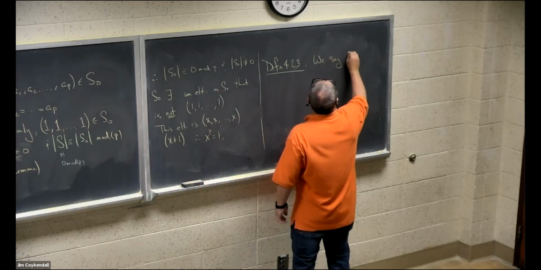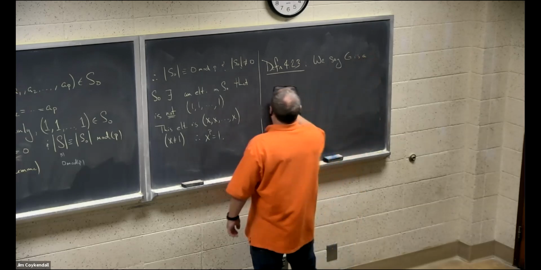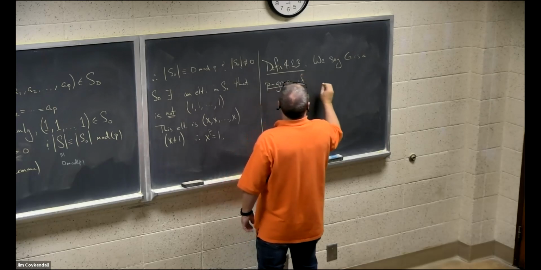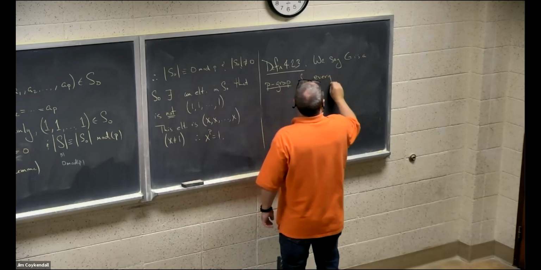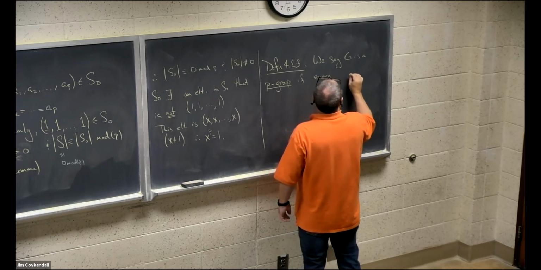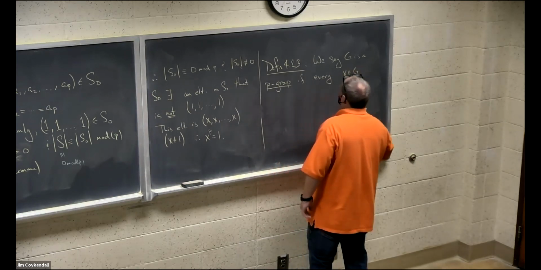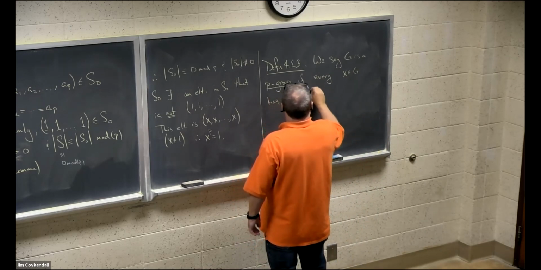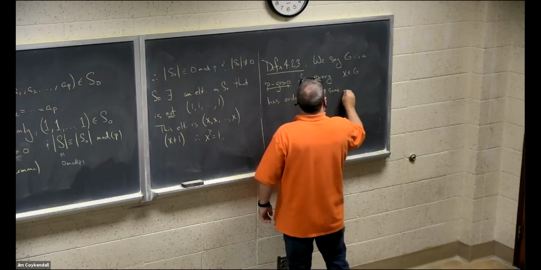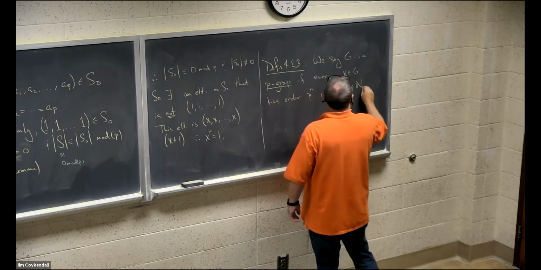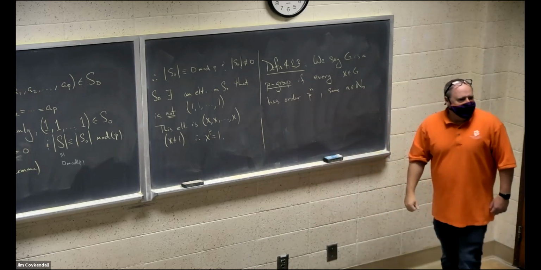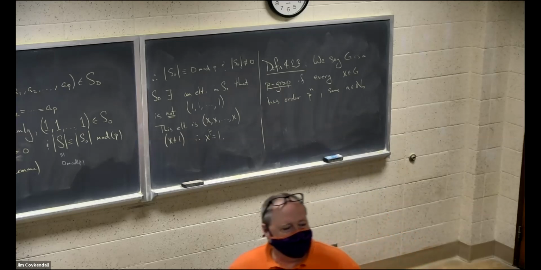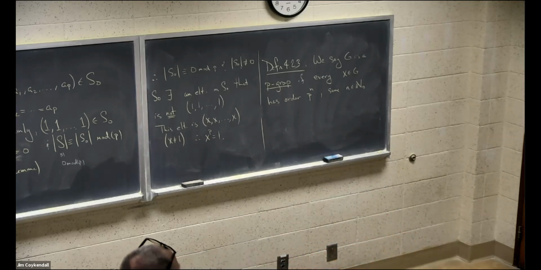We say G is a P group if every X in G has order a power of P. So a P group is a group where every element has order a power of that specified prime P.